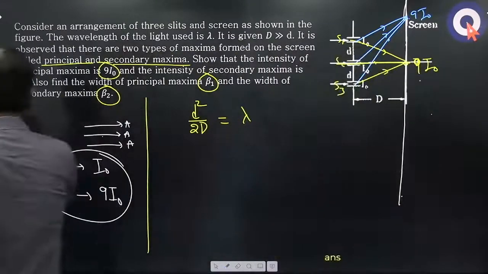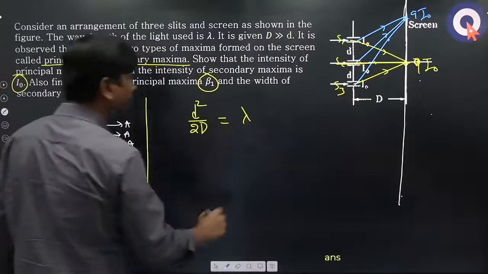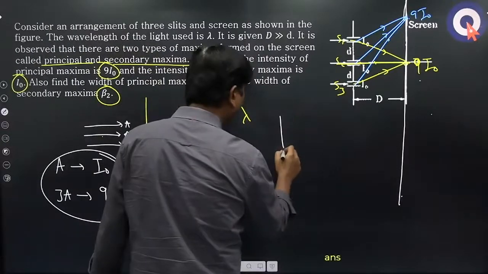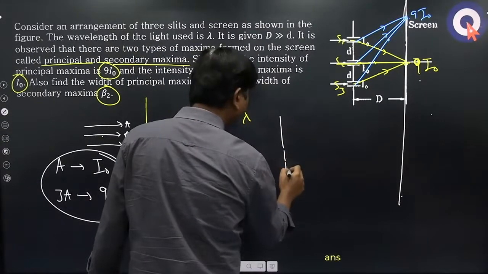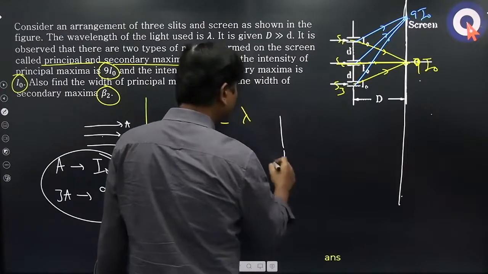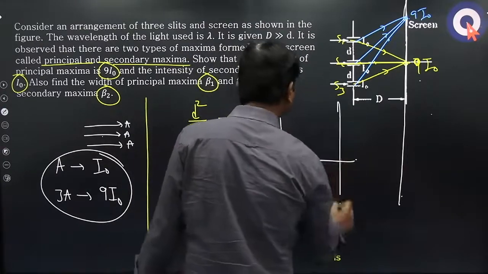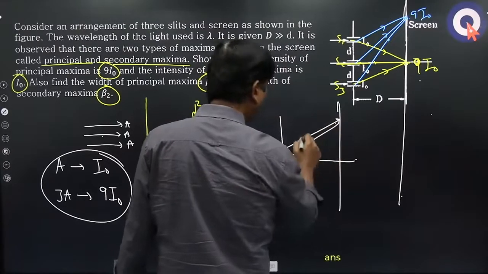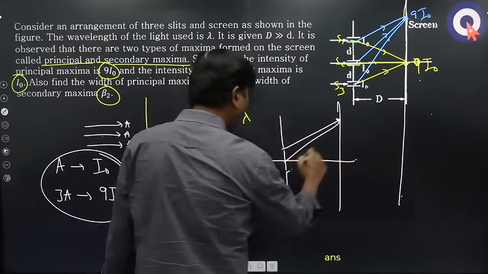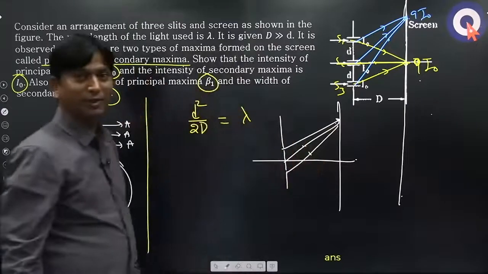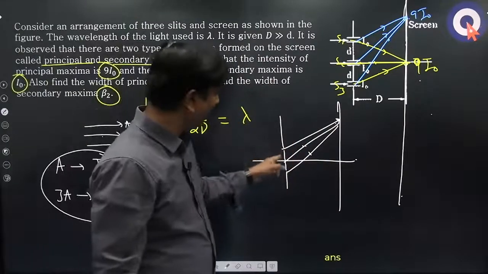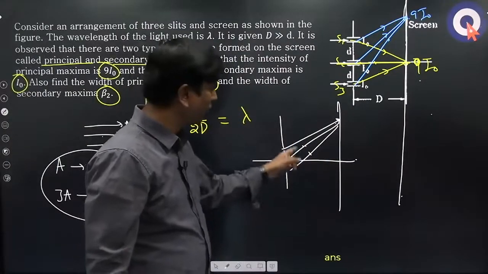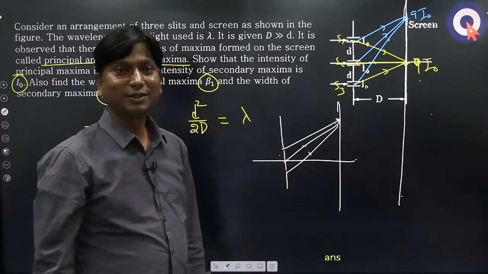See, something like this. At this point, whatever the path difference you get between these two, you also get the same path difference between the other two. And between these two, if you take lambda as a path difference, between these two also you will get lambda. Correct or not?